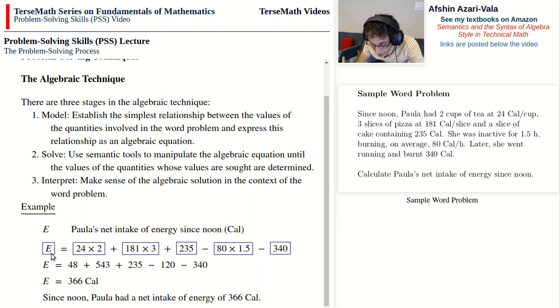Paula's net intake of energy since noon is equal to, with focus on terms, intake of energy from the cups of tea plus the intake of energy from the slices of pizza plus the intake of energy from the cake minus energy loss during the time she was inactive minus energy loss when she went running. So you see, it starts to make a lot of sense now. And this is how you should start to look at algebraic equations.